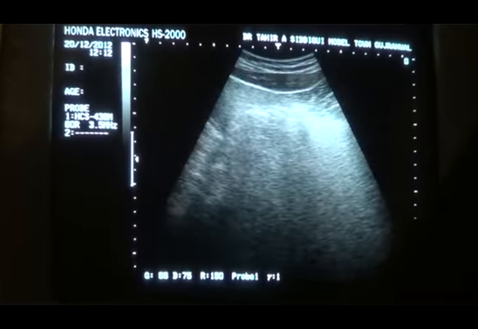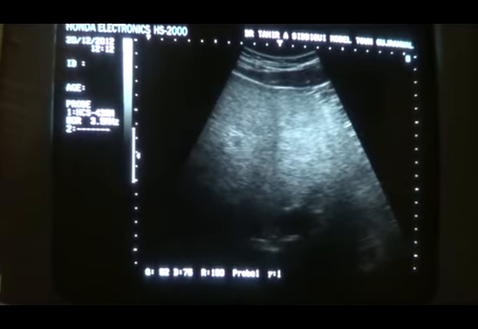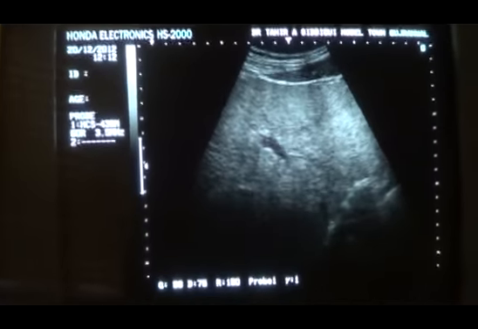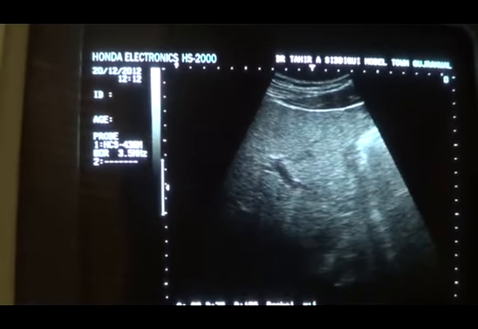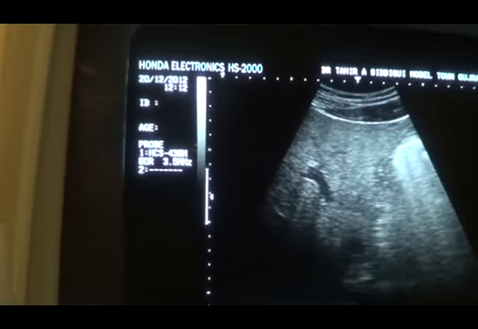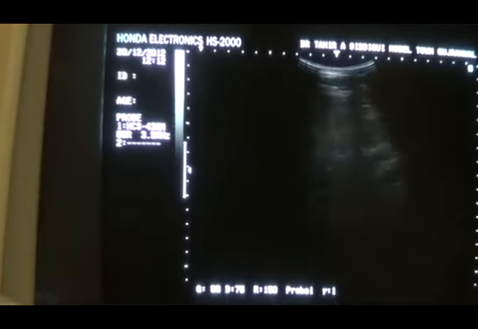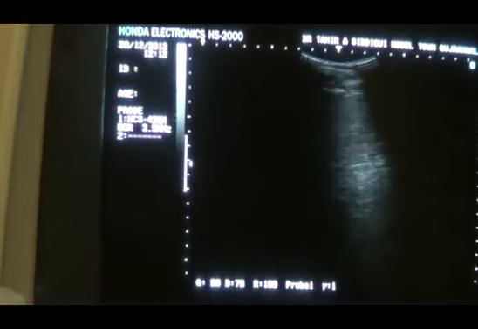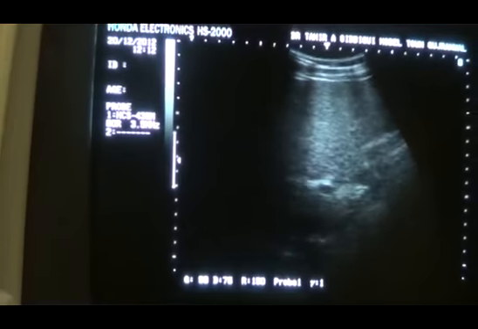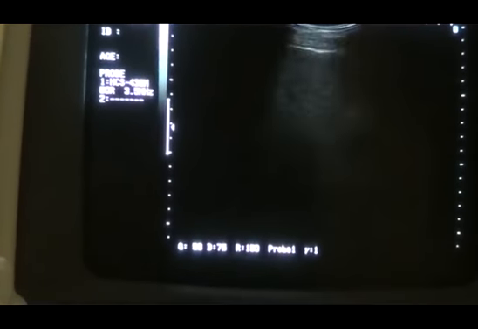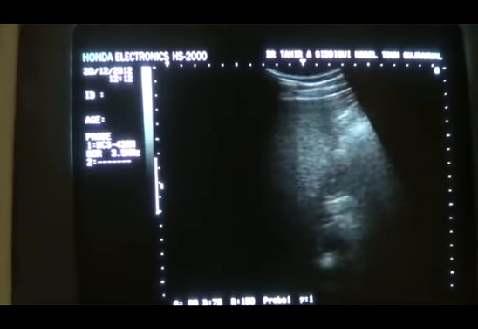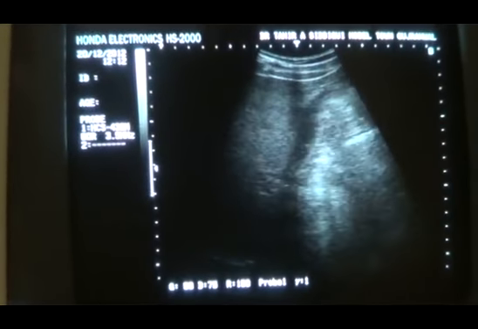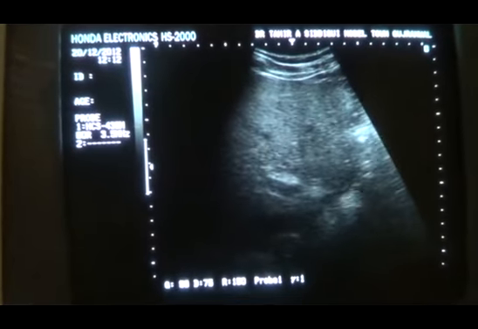This is the left lobe of the liver in transverse section. And you can see that the echo brightness at the borders of the portal vein is not that bright as we normally see in normal cases.